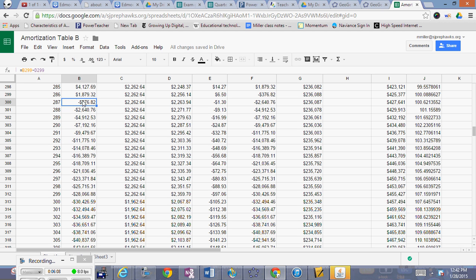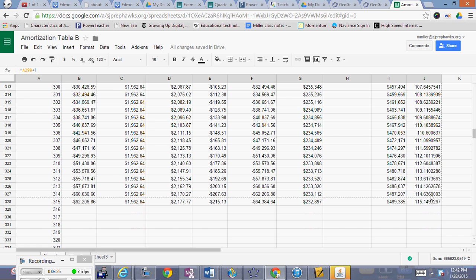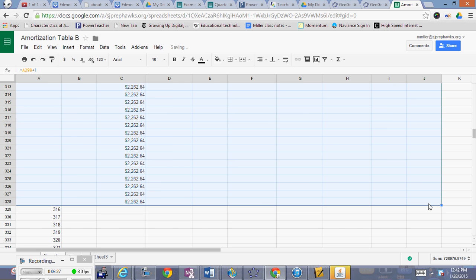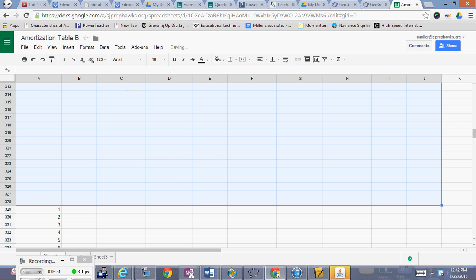So basically I'm going to terminate the loan at this point at the 286th month. That means I'm just going to wipe all this out because it's no longer applied. That's all deleted, because my loan has already been paid off.